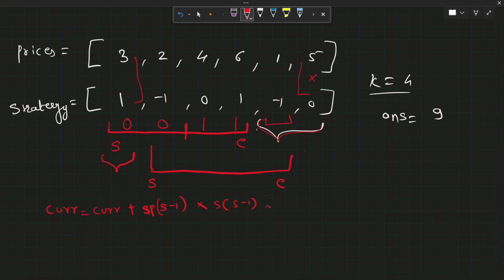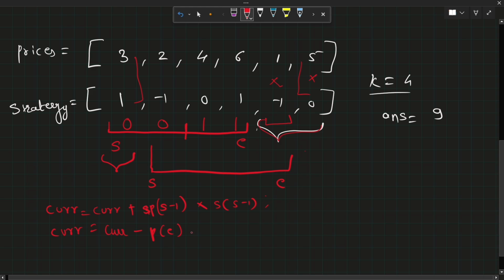Okay, so this is the current start that we calculated, and as we were previously calculating this part in our current addition, we will just remove this from the current part. So the current becomes current minus p of e into s of e. Okay, so we modified our current based on the values which are not considered in this subarray.